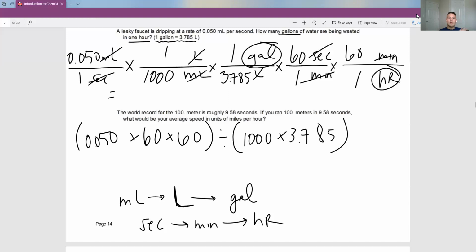If you want to multiply everything on the top, write that answer down, multiply everything on the bottom, write that answer down, and then do that division, that's fine too. Whatever you need to do so that you make sure you get the right answer, which of course is 0.048 gallons per hour.